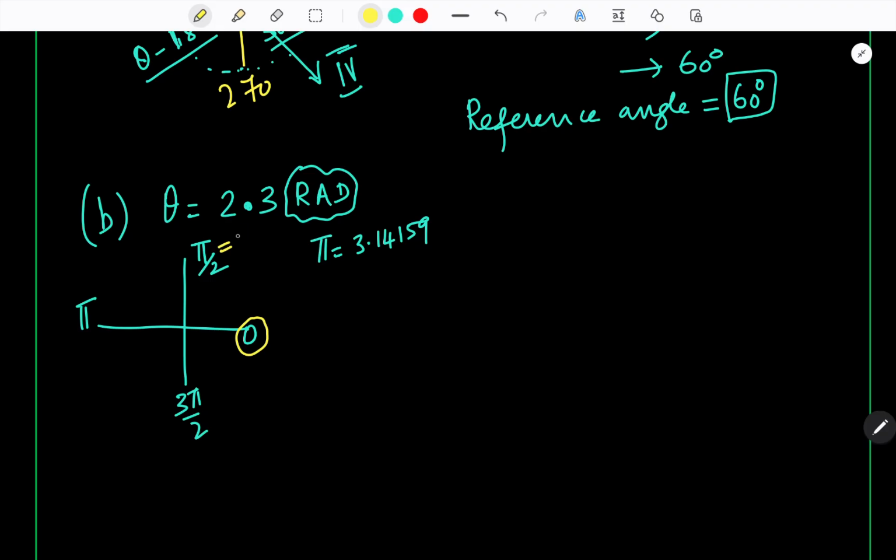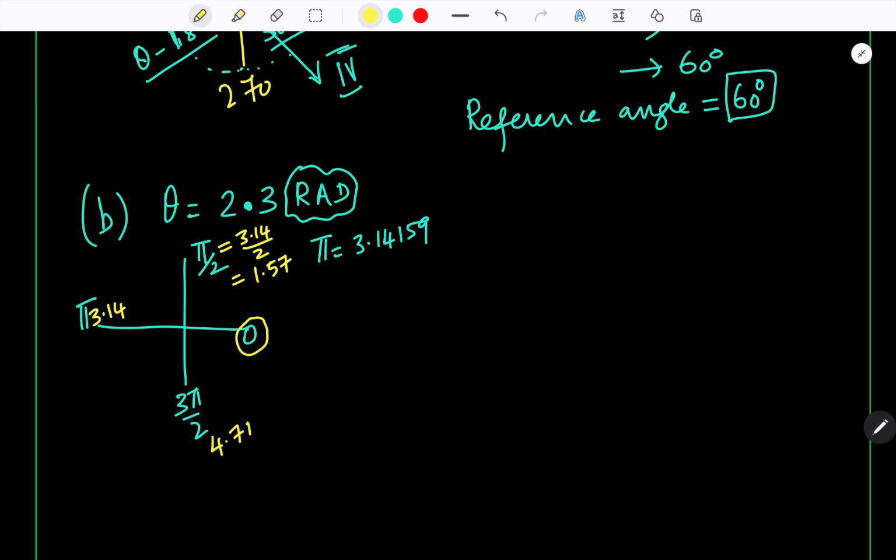And this will be your 3.14 divided by 2, which is equal to how much? Maybe 1.5 something. So 3.14 divided by 2 is equal to 1.57. Okay, right. And this is your pi, which is 3.14. Then 3 multiplied by 3.14 and divided by 2 is 4.71.